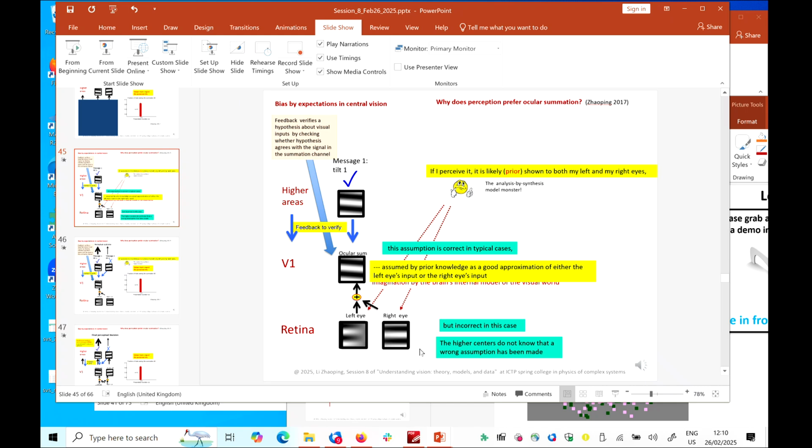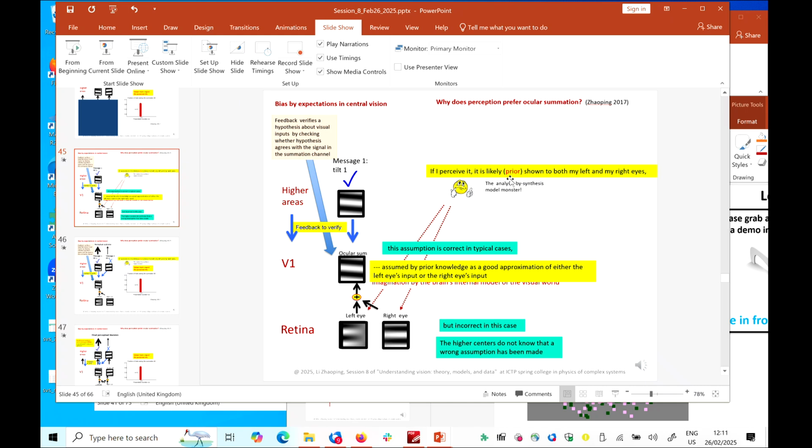Yeah. Can you explain again what you mean by bias? Why is there bias? So the idea is, remember we say that the two eyes are correlated in our efficient coding. The two eyes are correlated. And this is a statistical knowledge in our memory, we know that.